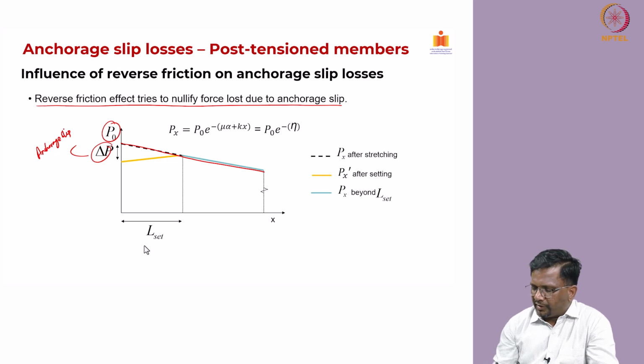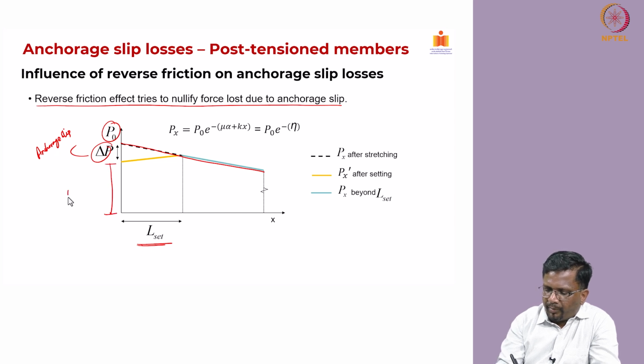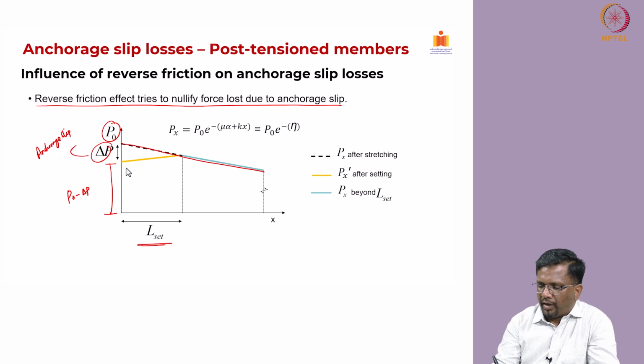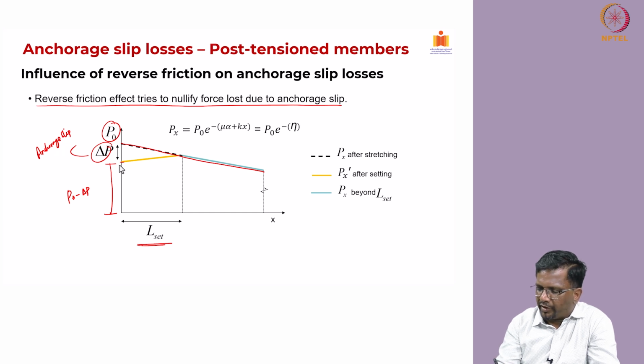Now, at a certain distance called L set, at this location the force is P naught minus delta P, and you see this value will keep on increasing up to a certain value.